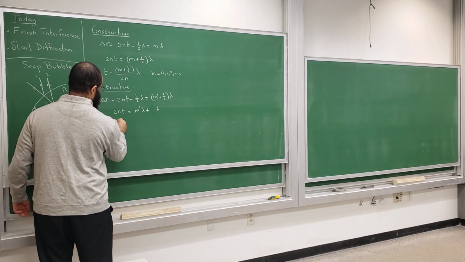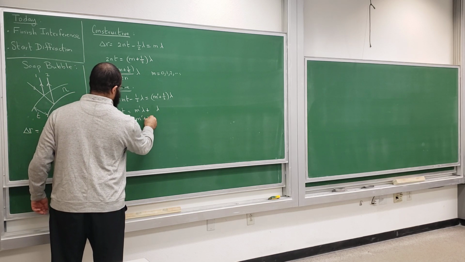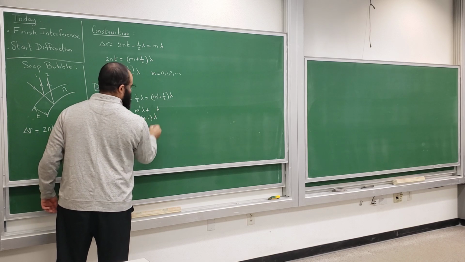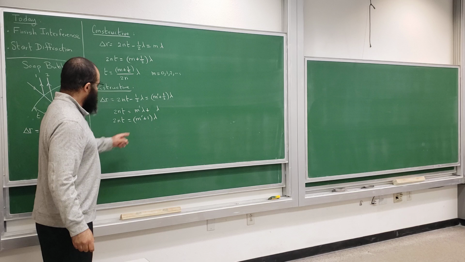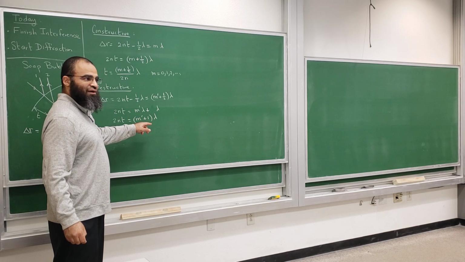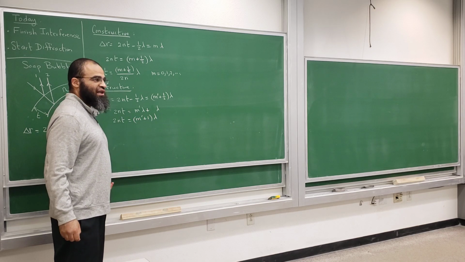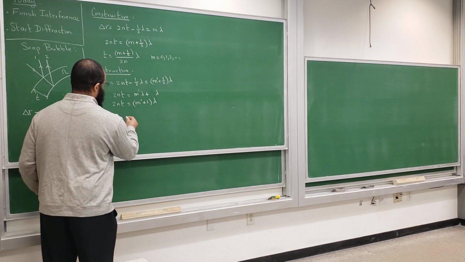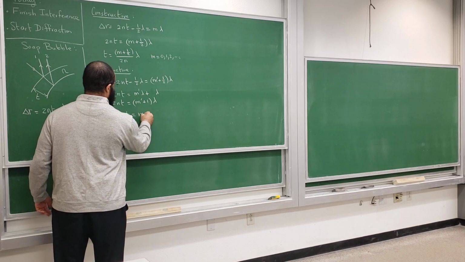And so that means 2nt is equal to m prime plus 1 times lambda, right? Now, m prime is an integer, and integer plus 1 is another integer. So let's redefine this m prime plus 1 as m. So finally we end up with 2nt is equal to m times lambda.